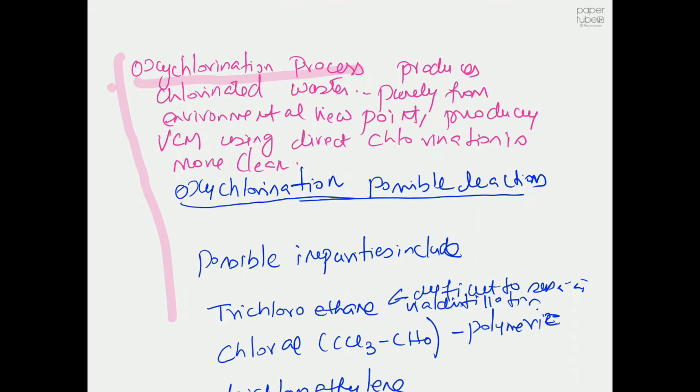But on the other hand, you still get hydrochloric acid and you don't want to waste it. Yeah? So if there is a way to recycle it back, and if there is a way to achieve near stoichiometric efficiency, why not go for the next process, which is the oxychlorination process. Yeah.